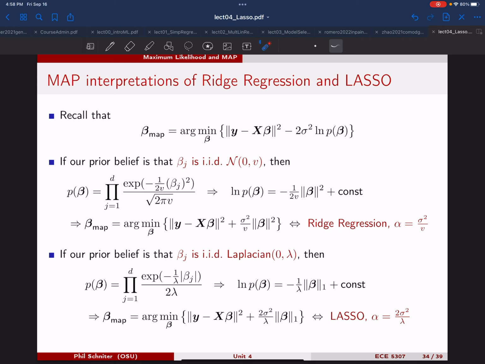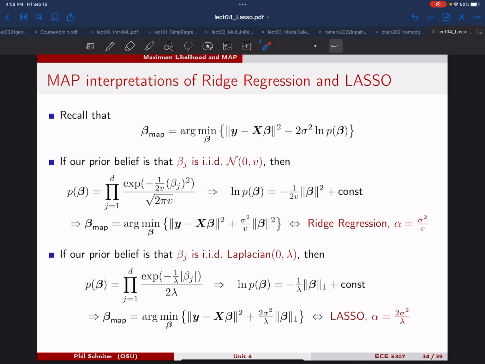So now what is log of this joint distribution here? Well, if I take the log of this, then this log is going to turn into a sum, and then my log is going to cancel this exponent, and this is going to end up being another minus log of this, which is a constant with respect to beta. So finally, log of probability of beta is just this quadratic plus a constant that doesn't depend on beta.